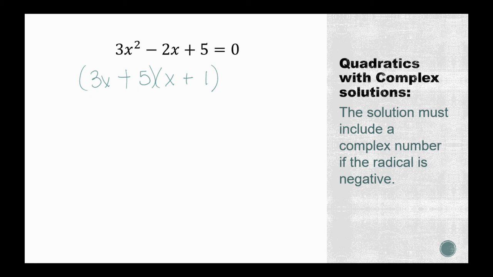Do you guys remember how to check and see if it's factorable? Do you remember the discriminant? B squared minus 4AC. So if we take B squared, so -2 squared minus 4 times 3 times 5 is 4 minus 60, right?